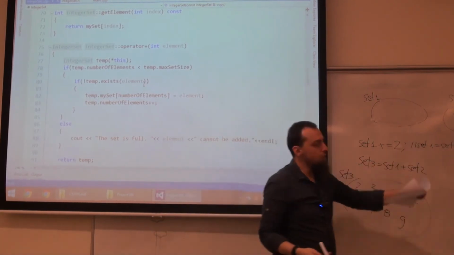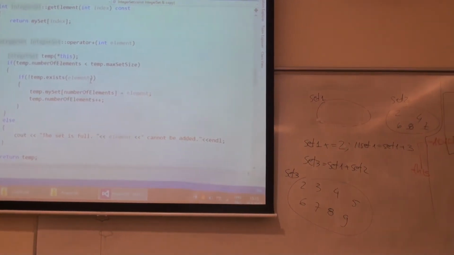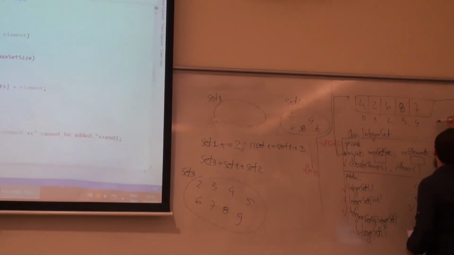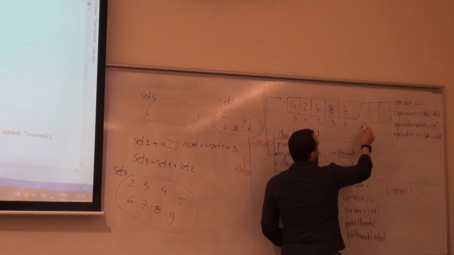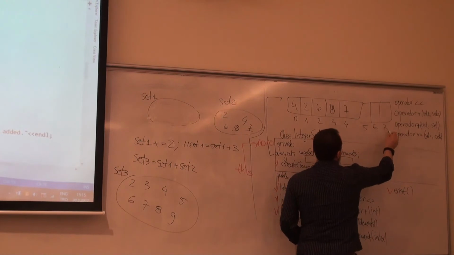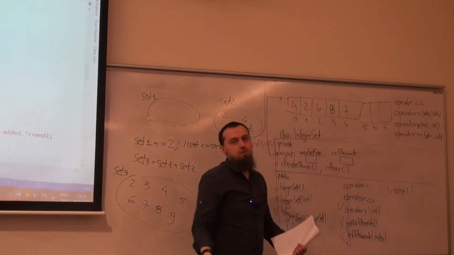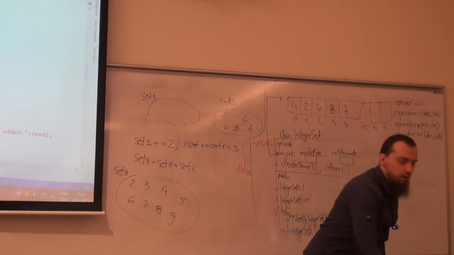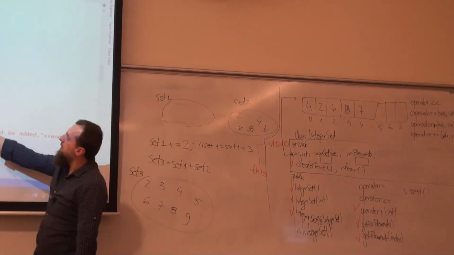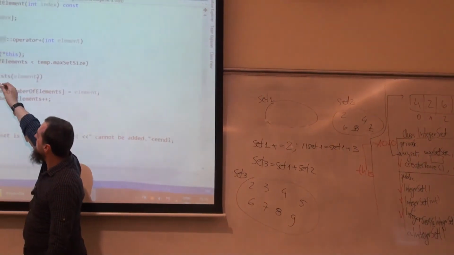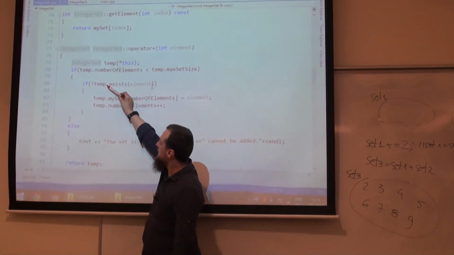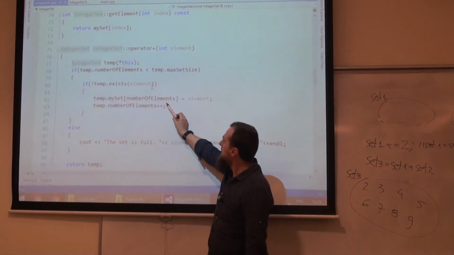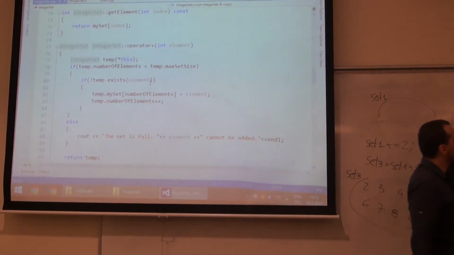Okay. So although it looks like this, I might have empty slots here. So here I have 5 elements, but maximum set size might be 8. Okay. That's why I'm checking: do you have place here, and whether the element that I want to add exists. If I have place and the element does not exist, then number of elements, let's say, was 5 here.